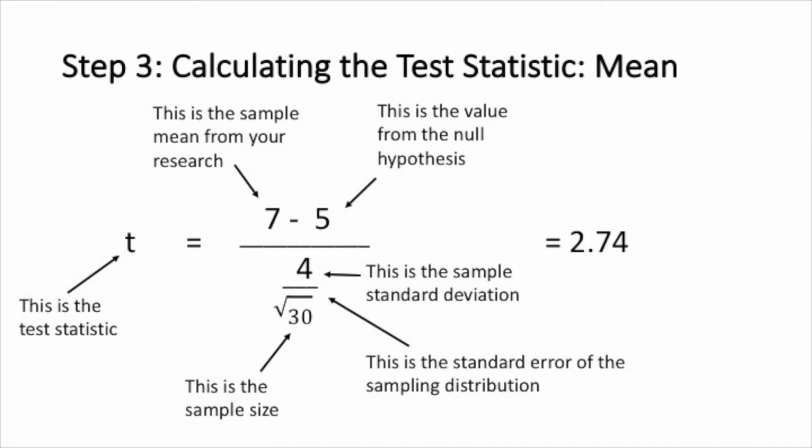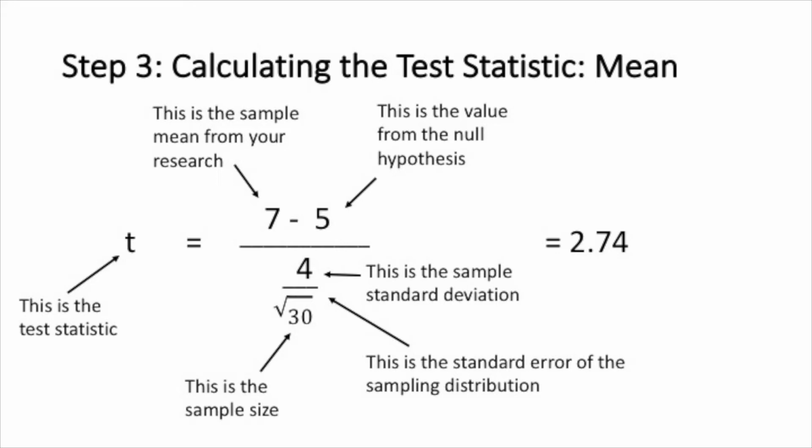With this information, I can calculate a test statistic. Since it's a hypothesis test about a population mean value, my test statistic is a t-statistic. It's equal to 2.74. That's found by taking the value from my research, the sample mean value of 7, subtracting from that 5 hours, which is the value from the null hypothesis.